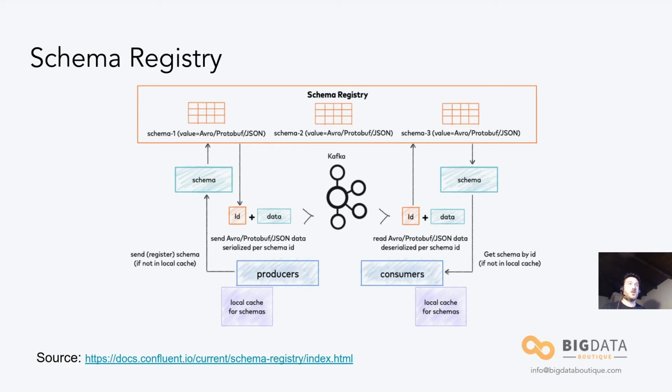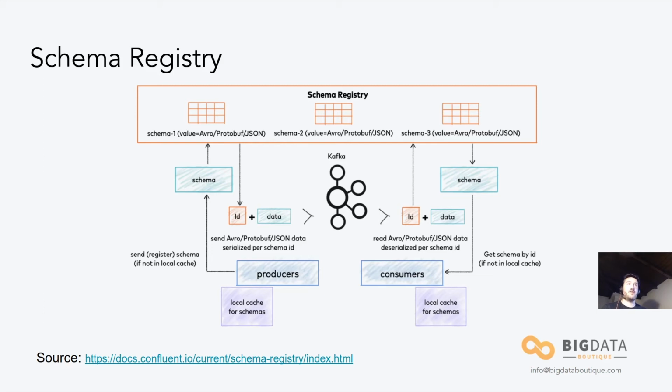Okay, so basically the producer is just sending information. We have the schema registry ID. When the consumers receive data, they receive the ID, they go to the schema, and now they know how to deserialize the data in a safe way, to process it and to make sure they are not going to break in any case.